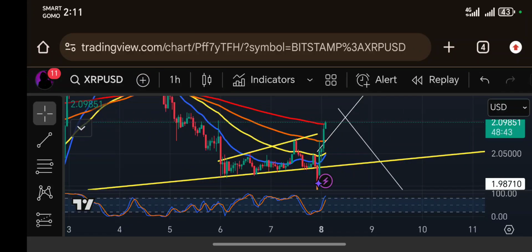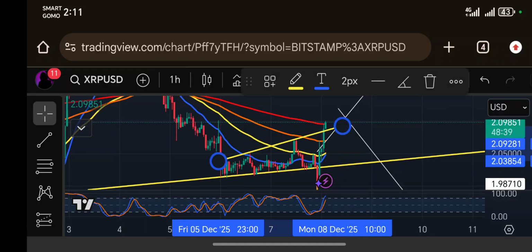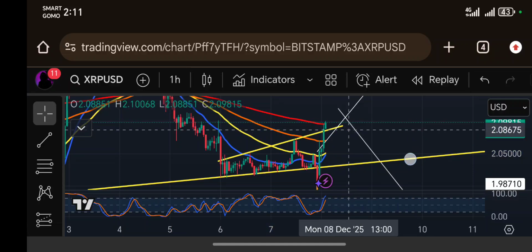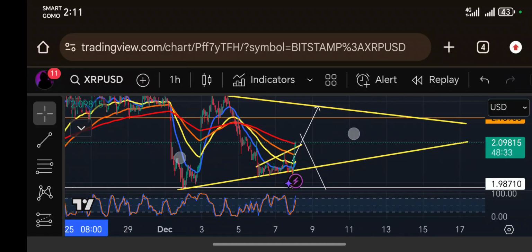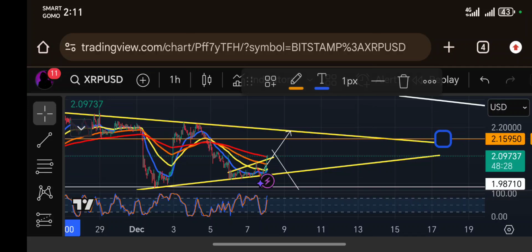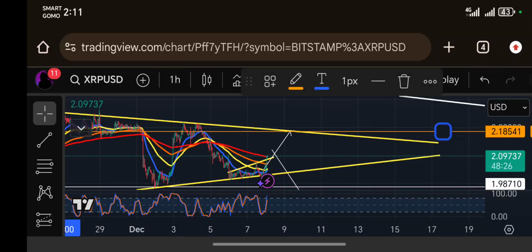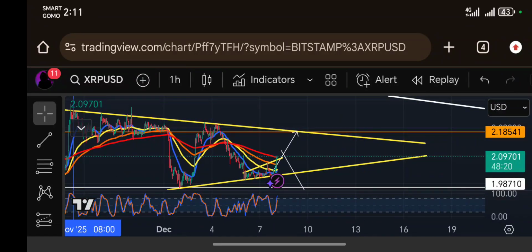I don't know what's going to happen in here. I tried to extend this, and I hope this is going to be your support level right here. If this is right, then we can expect some 2.18 area here, right there. And as you can see here, there's a lot of resistance there.